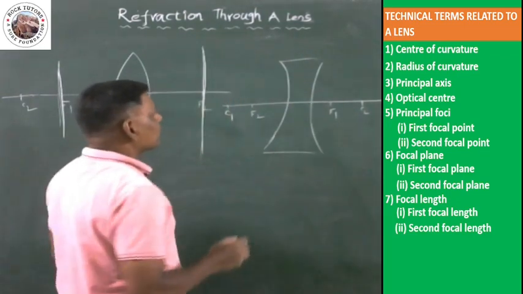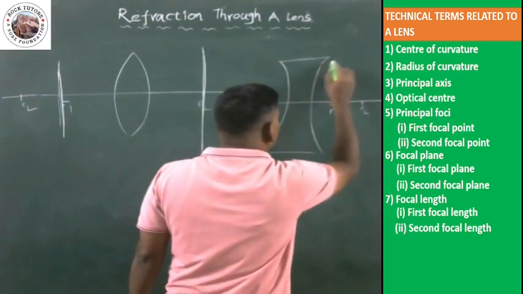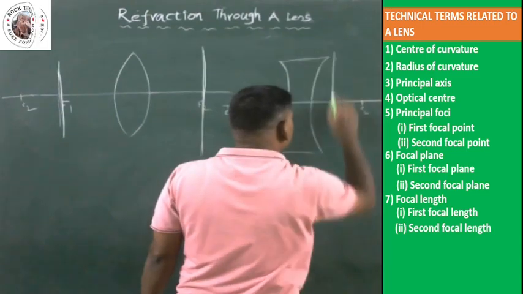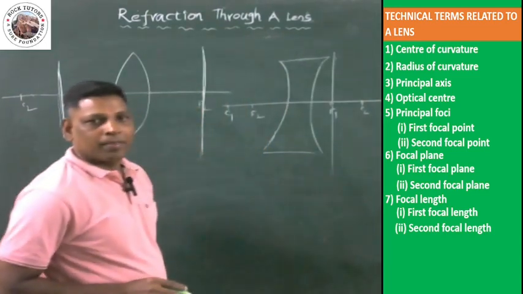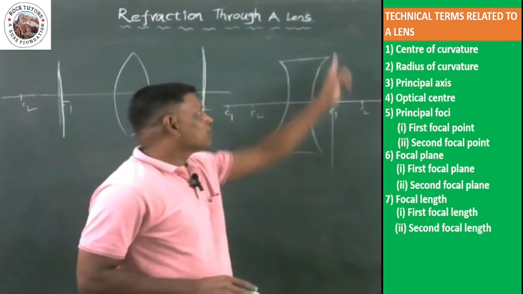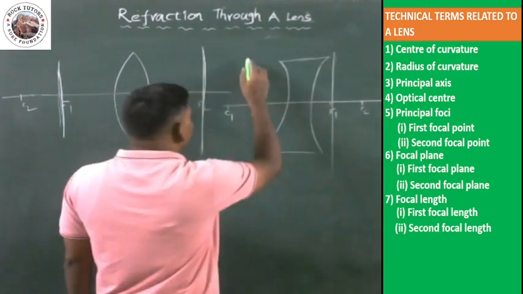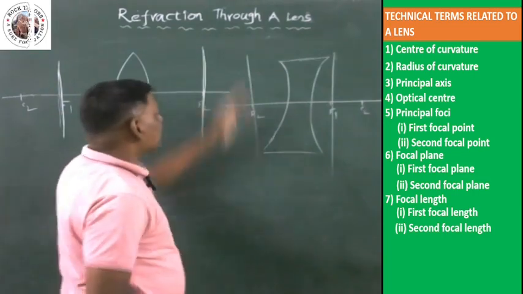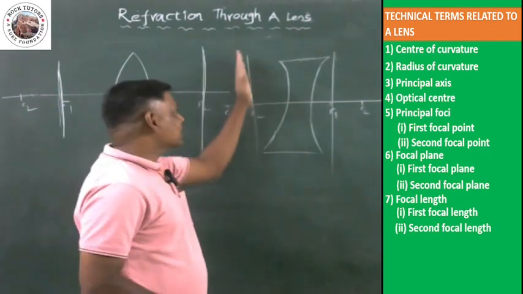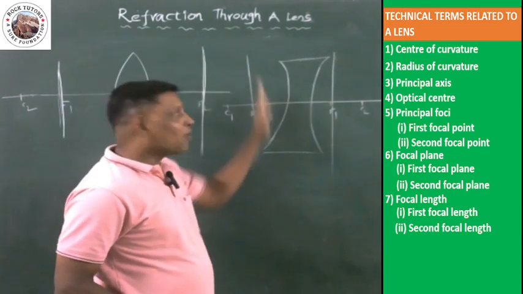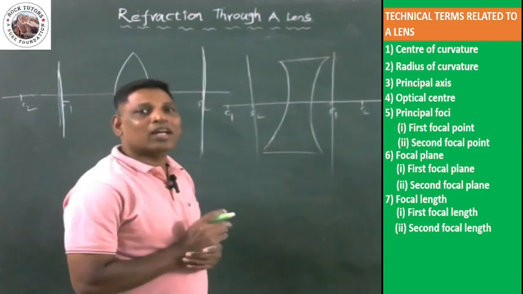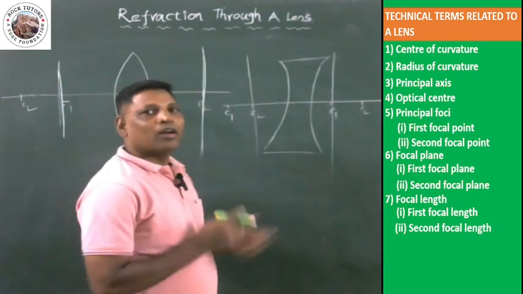Here also a focal plane passing through the first focal point is called the first focal plane, and the focal plane passing through the second focal point is called the second focal plane for a concave lens.